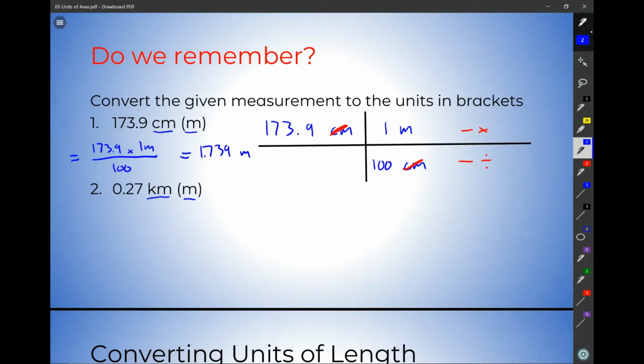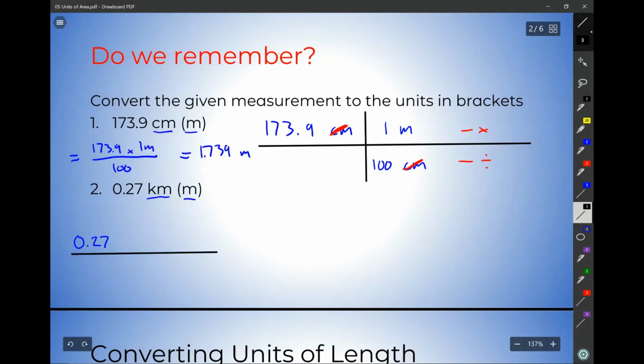And again now with this second one, sorry, it's 27. We draw up our little table. That should say kilometers. And then we know that in 1 kilometer we have 1,000 meters.